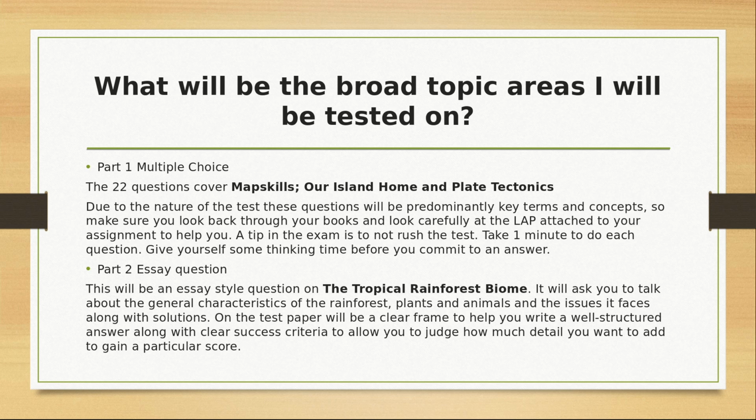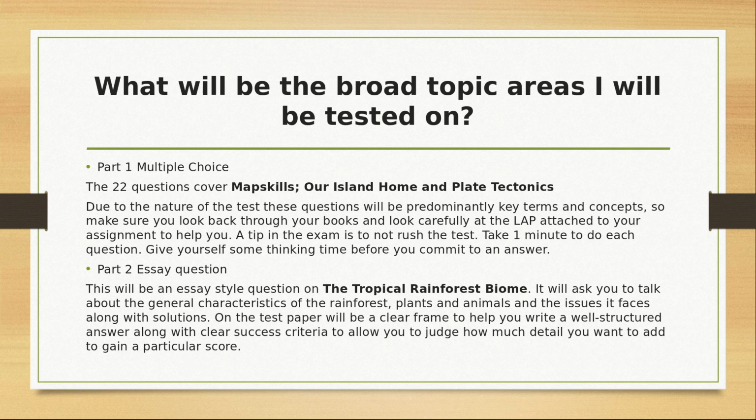The second part of the exam is an essay, and that will be on the tropical rainforest, and basically it's going to ask you about the general characteristics of the rainforest, plants and animals, their adaptations, and then more importantly the issues that the rainforest faces and the solutions that humanity are going to come up with to try to save the rainforest.